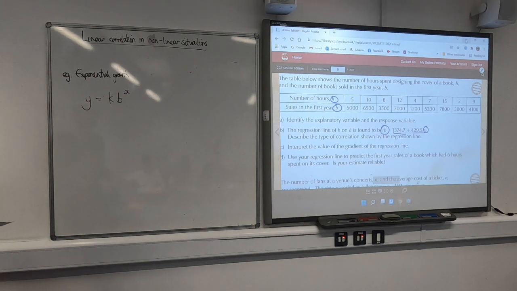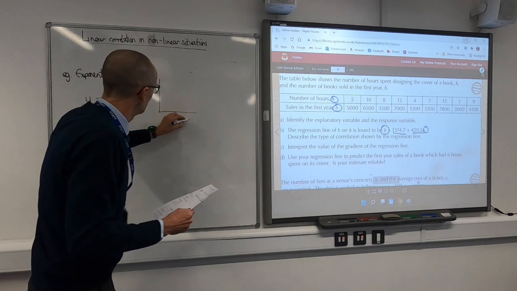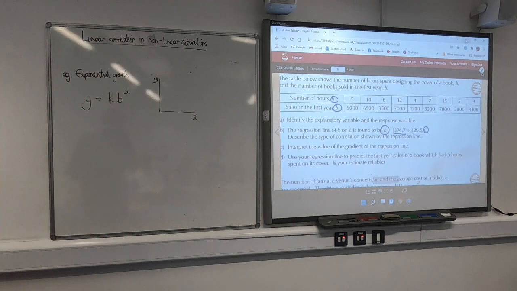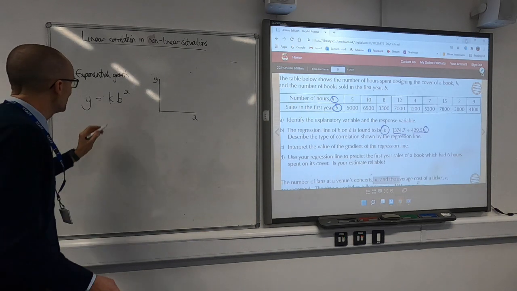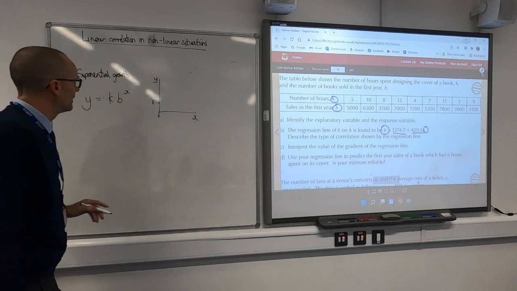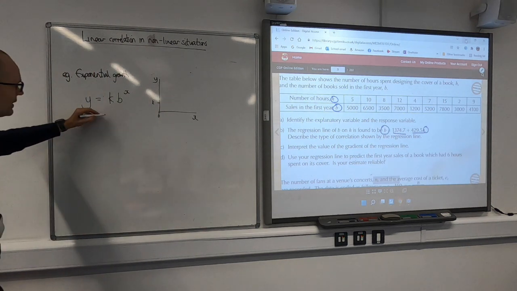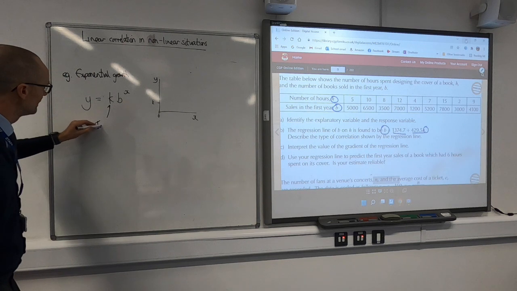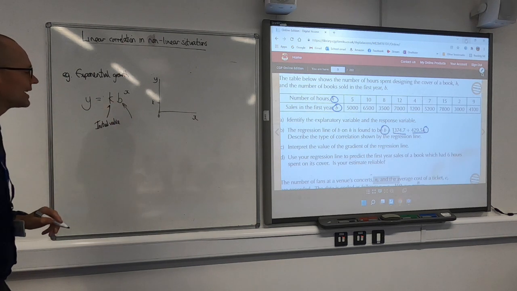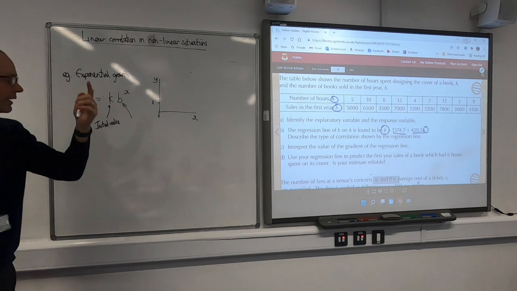If we're dealing with x and y, and x with exponential growth is nearly always time, isn't it? And y is often the number of things, either growing or decaying. We know that this is our initial value when x or whatever is 0. So that's the initial value. And this is our multiplier, what we're multiplying each time.